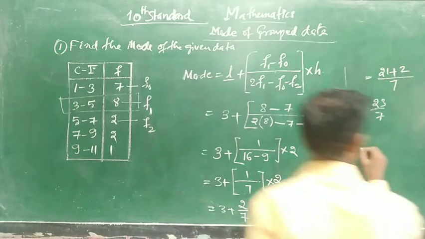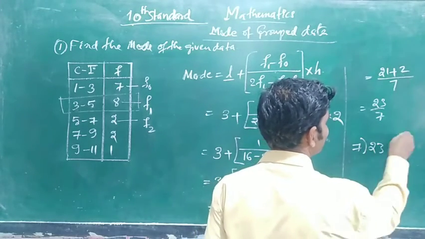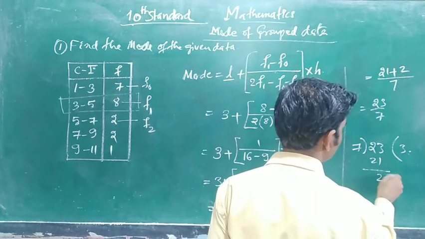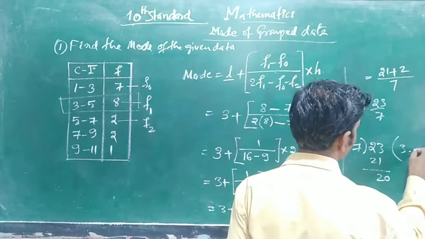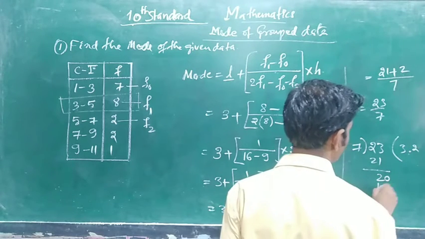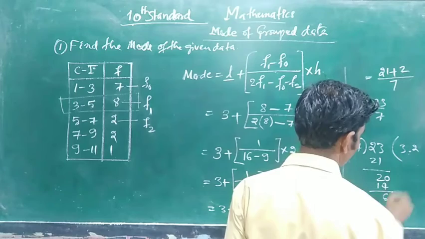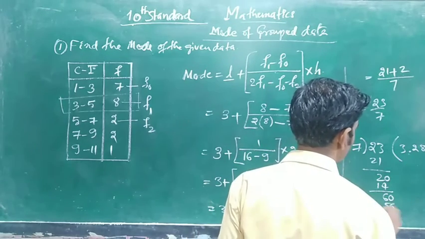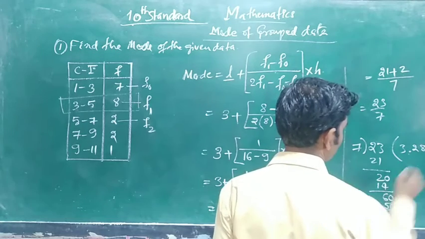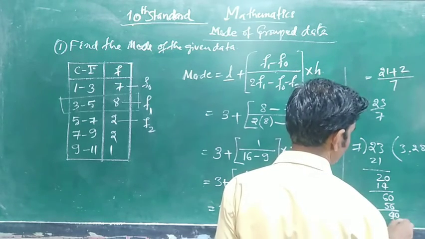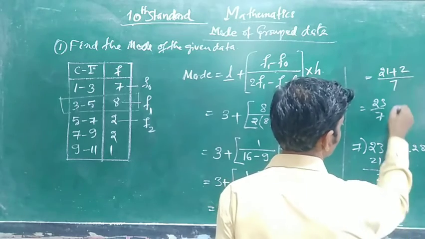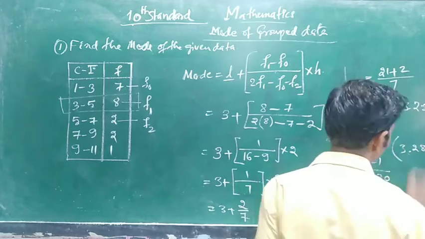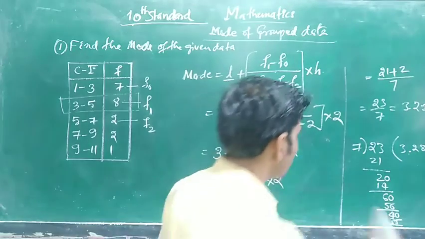If we divide this, 23.0 by 7, we get 3.285.